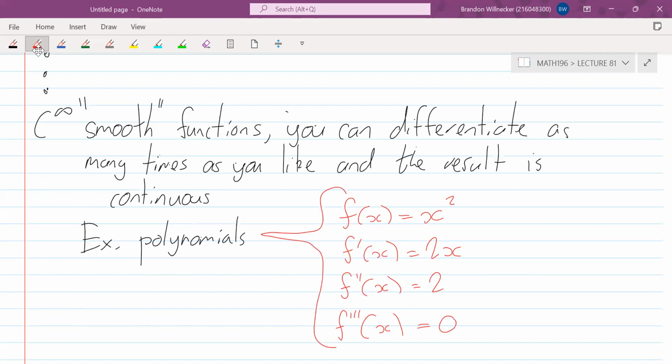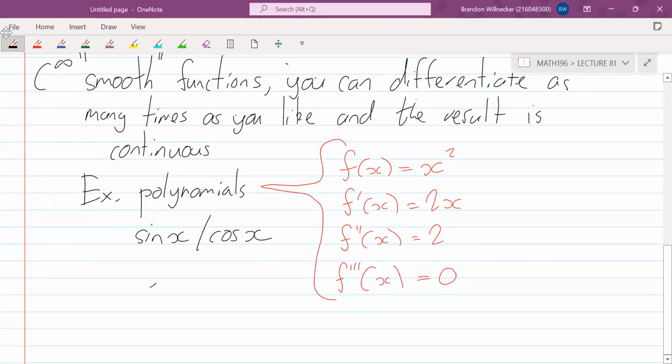Other examples include trig functions like sine x and cosine x, because they just turn into each other. You differentiate sine, you get cosine, you differentiate cosine, you get minus sine, and it ends up making a loop. So you can differentiate as many times as you like, and the result is continuous because sine and cosine are originally continuous.